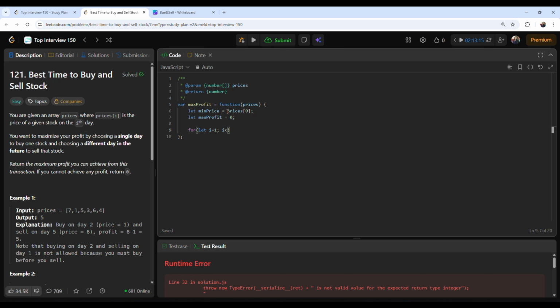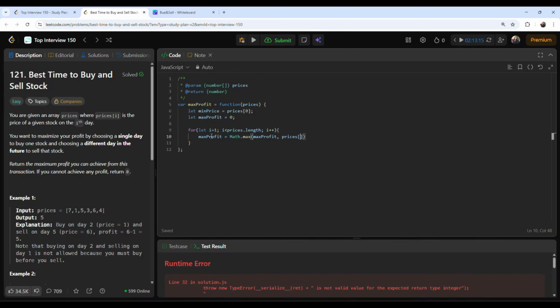And then i should be less than prices.length, i plus plus, and then we have to first compute the profit, right? While computing we have to maximize it. So Math.max, max profit, then current price.